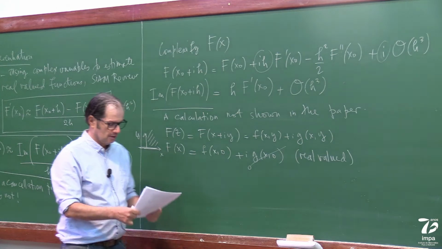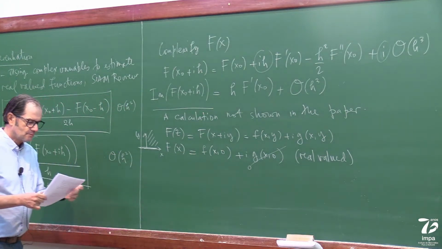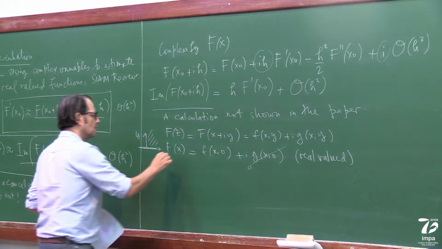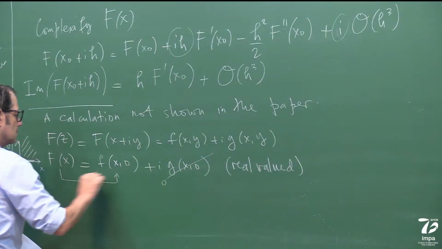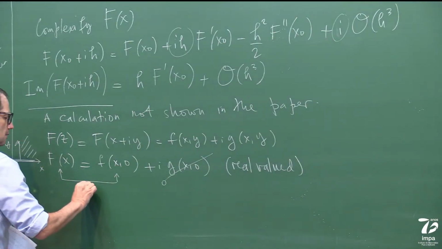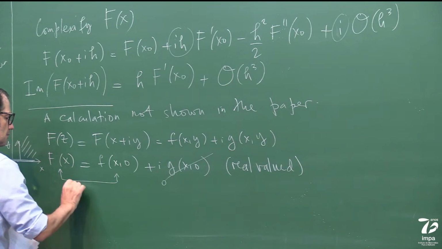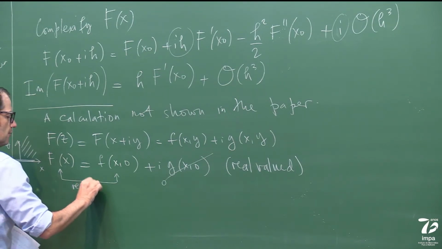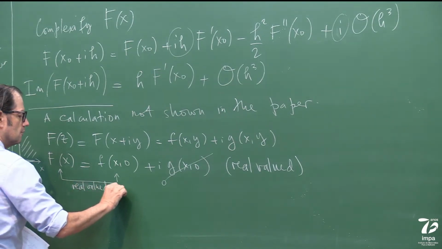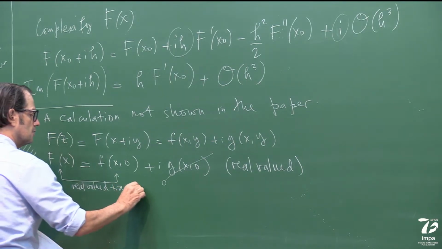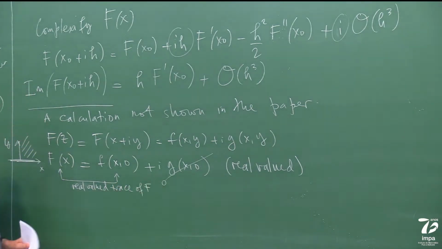Okay. Now, so this is, let me write like this. This is the real valued trace of f, right? Because that's the hypothesis we started with. The trace means the value on the boundary. In this case, the boundary is the real axis if you think of the upper half plane. Now look at this.